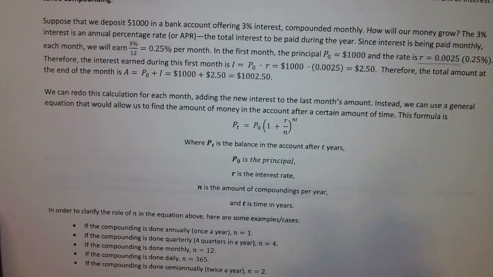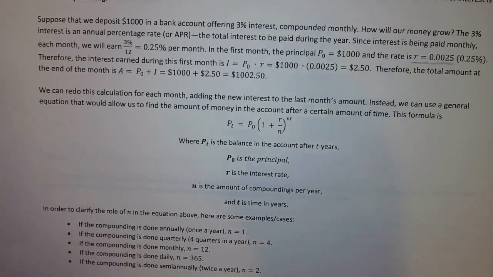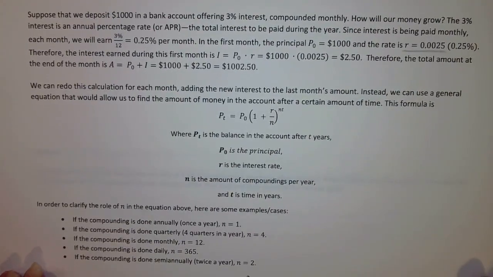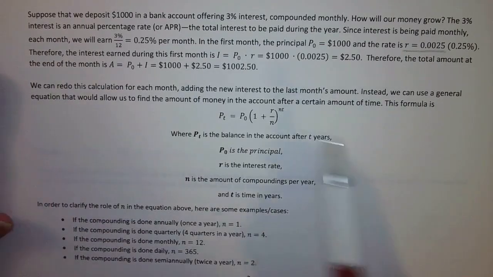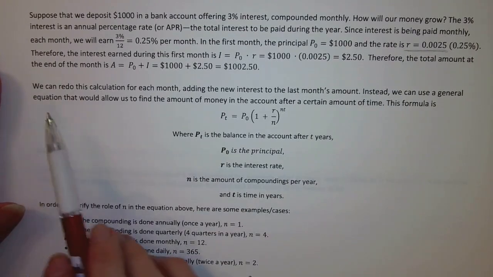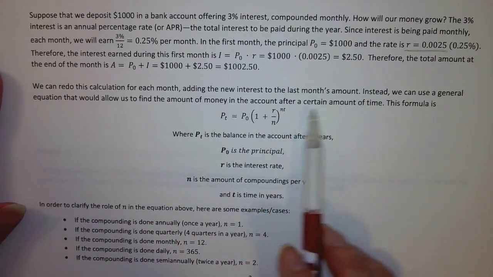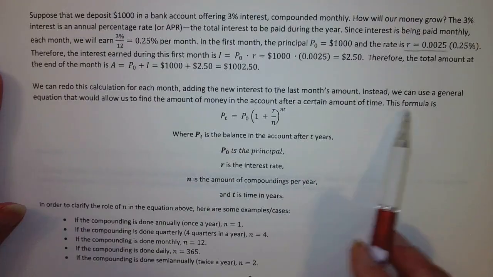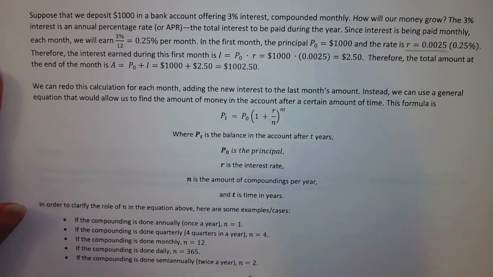So we can go back and do this every month and add it to what we had, and that's a lot of calculations. Or we can use this formula to figure out what we would have at any time. This general equation allows us to find the amount of money in the account after a certain amount of time. I've seen books, and even Newton Alta is not consistent in what they call certain things, but that's okay.